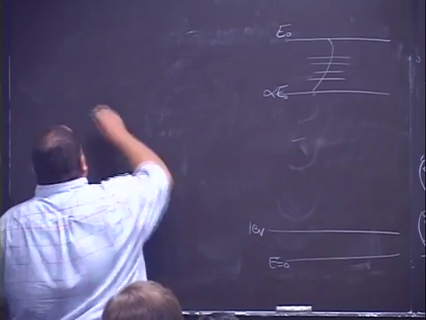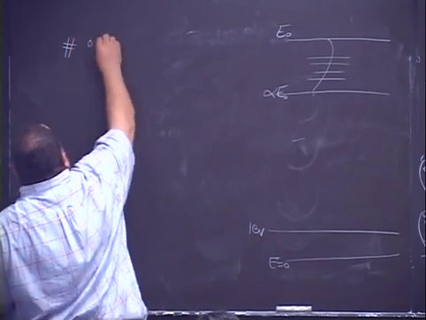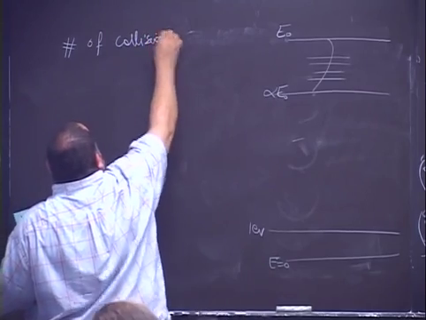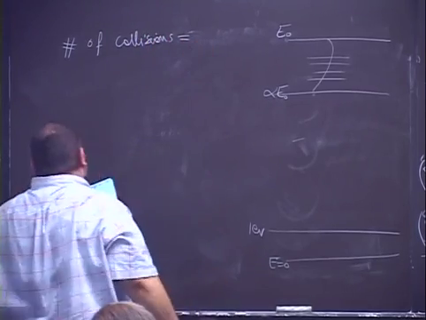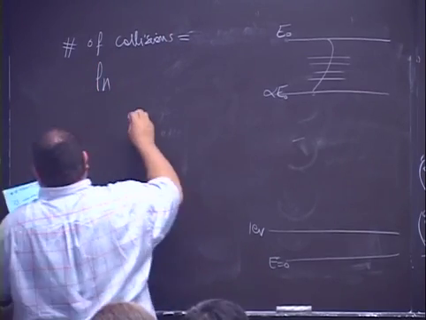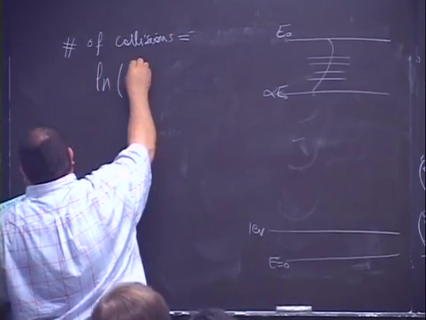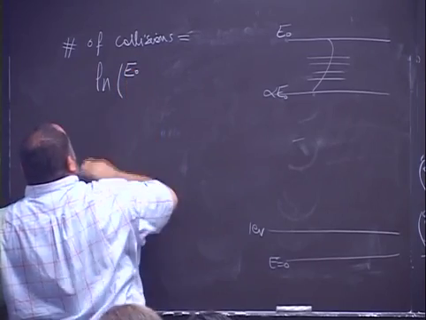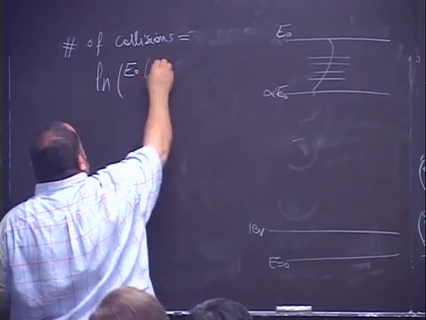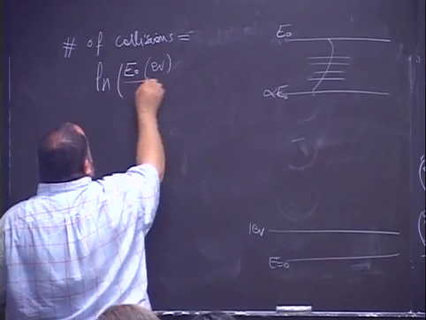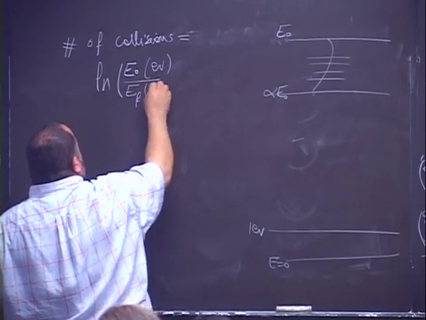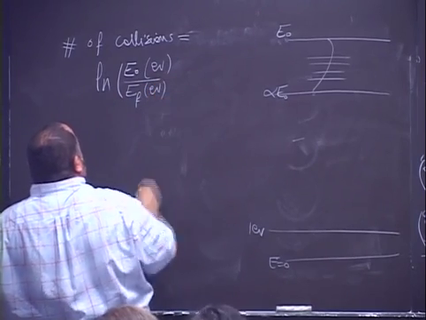So the number of collisions will just be the logarithm of the initial energy, E naught, let's say it started at this energy in electron volts, divided by the final energy of interest in electron volts.